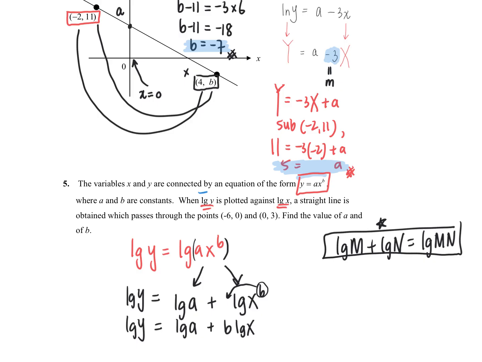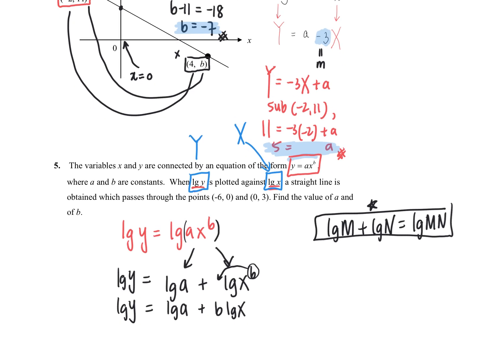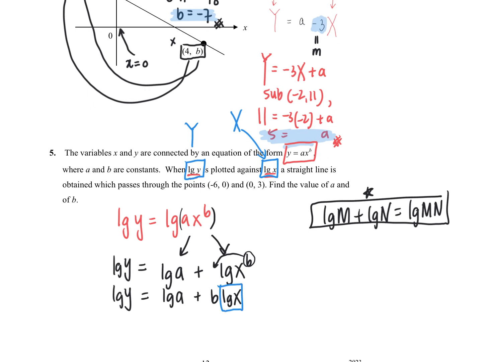They also gave you a hint that the big Y is this and the big X is this. So if this is the big X, this is the big Y, then gradient will naturally be B and C will be the entire log A. Okay? So this is how you linearize it.